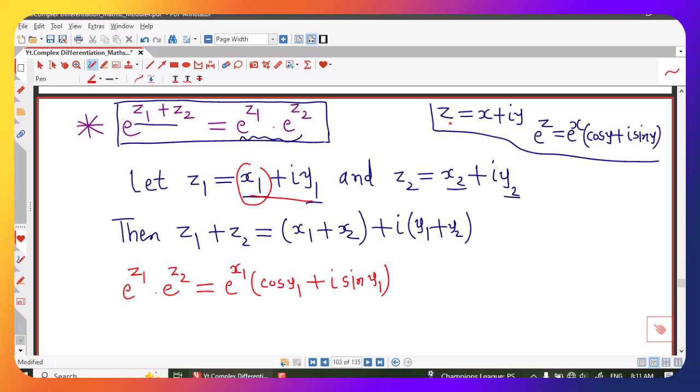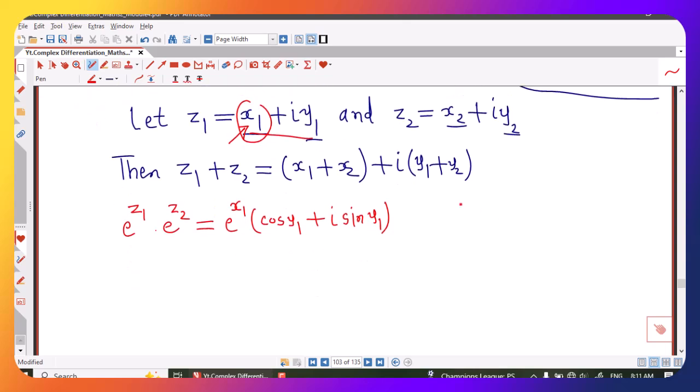We are using the definition of complex exponential function, which is if z is x plus iy, then e raised to z is e raised to real part of z, times cosine and sine of the imaginary part of z. Here z1 is x1 plus iy1, therefore e raised to z1 is e raised to real part of z1, that is x1, times cos y1 plus i sin y1.